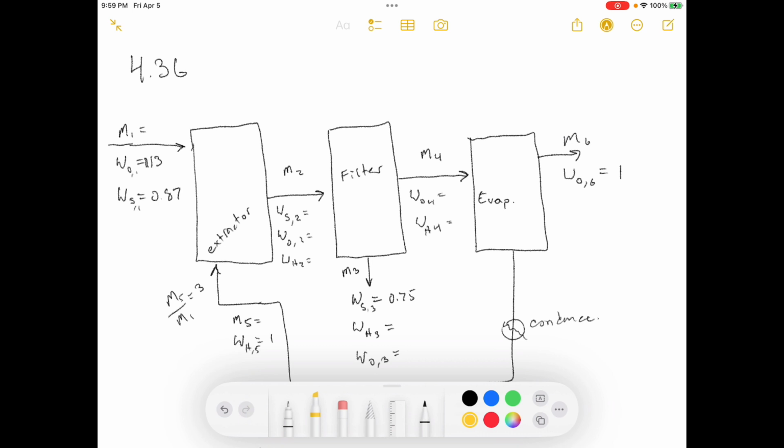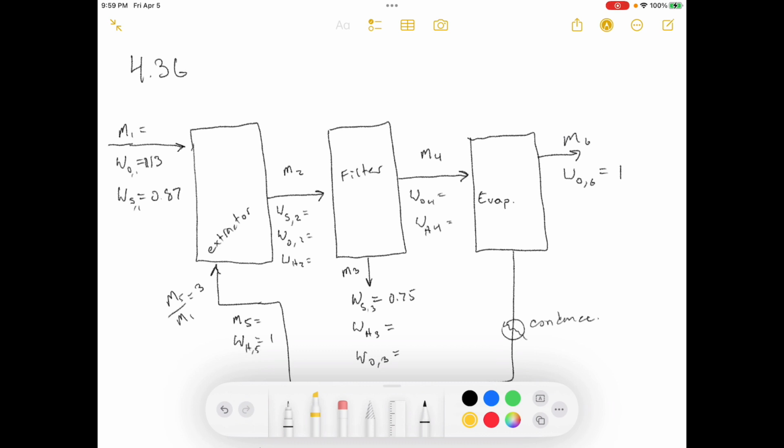The filter cake contains 75 weight percent bean solids and the balance bean oil and hexane. The latter two are in the same ratio in which they emerge from the extractor. The filter cake is discarded and the liquid filtrate is fed to a heated evaporator in which the hexane is vaporized and the oil remains as a liquid.